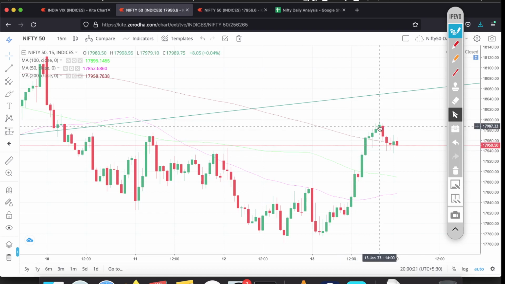In fact, it reached 17,999. At 18,000 there was massive resistance which pushed the price down, but the resistance was not enough because price came down only slightly to 17,930, which acted as a support because earlier it was a resistance level. Once this resistance level was broken and price went up, while coming down it became a support.